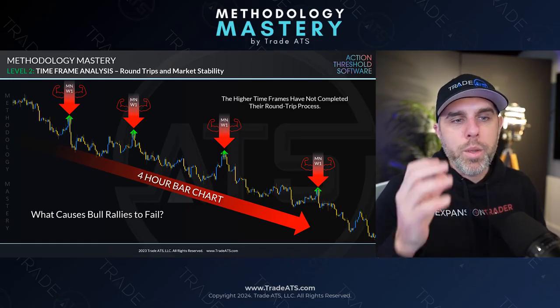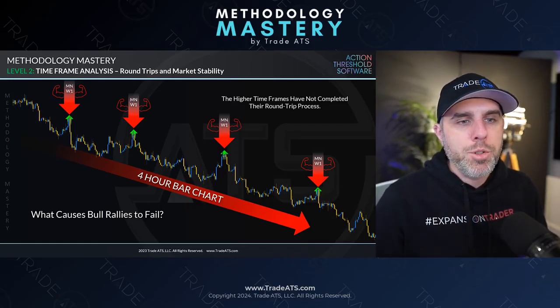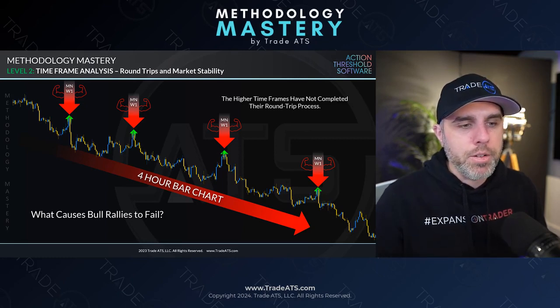Why is this? What we can see right here is that up to about the 4-hour and maybe daily level, those are the only traders that are getting influenced by these particular chart patterns at this point.